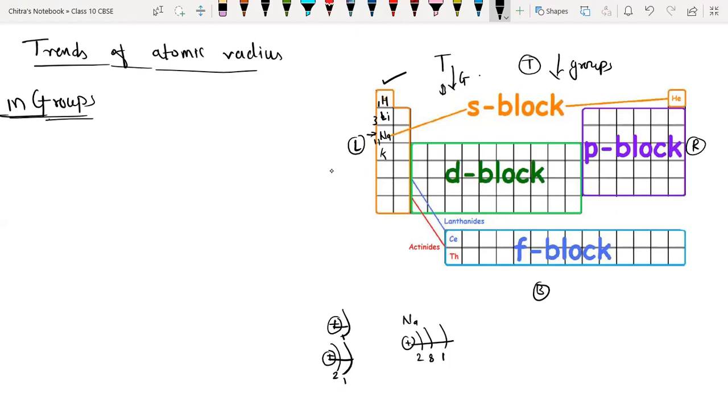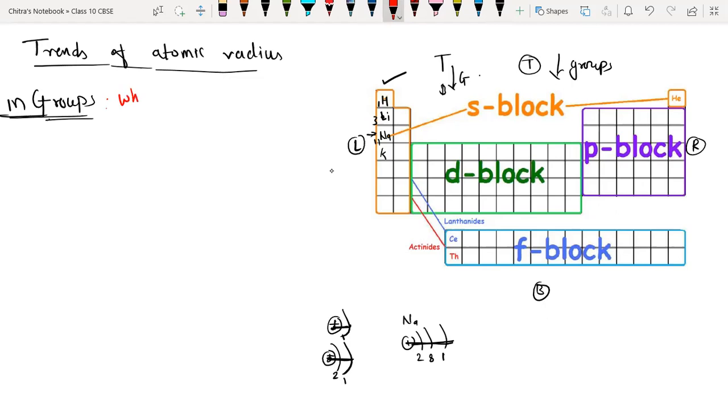So when we are moving top to bottom, each time a new shell is added, due to which the distance from center of nucleus to outermost shell increases each time. That means atomic radius increases down the group. Hence, atomic size also increases. Yes, sir. So we have to write this trend, very important.